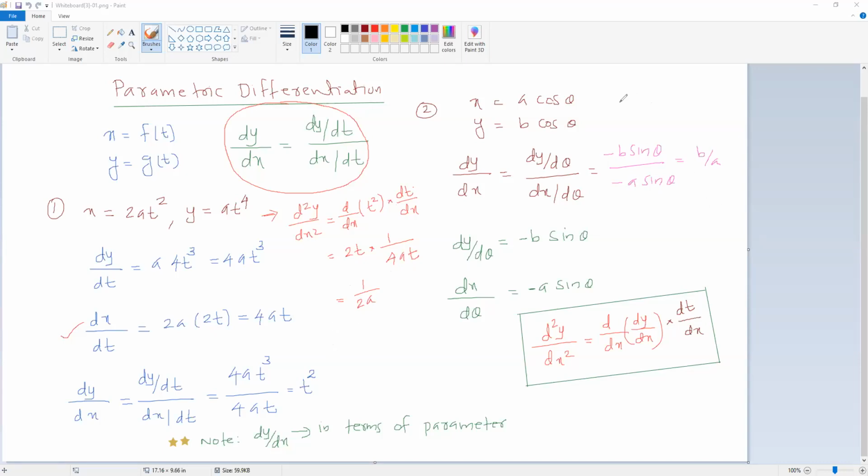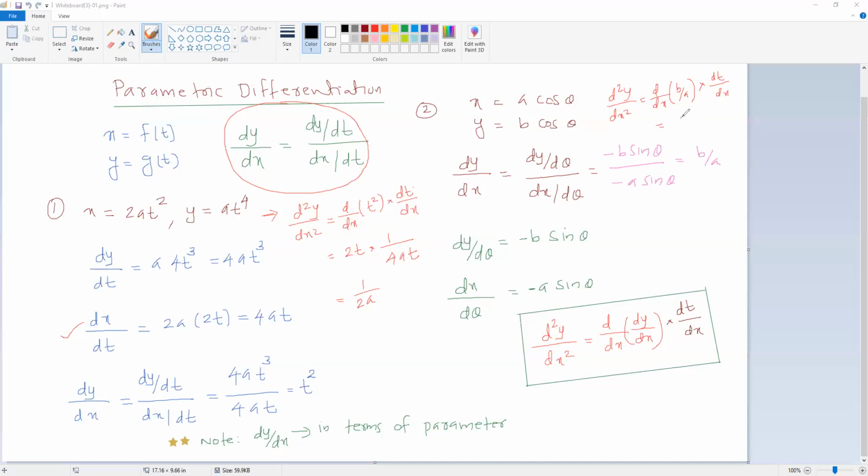And the second question, d square y by dx square is equal to d by dx of the first derivative b by a into dt by dx.